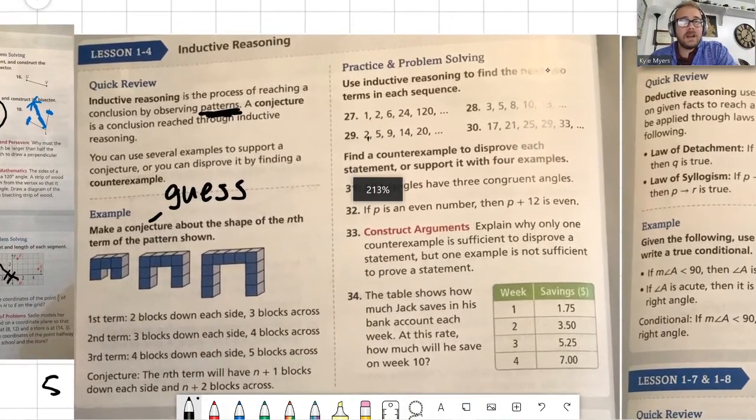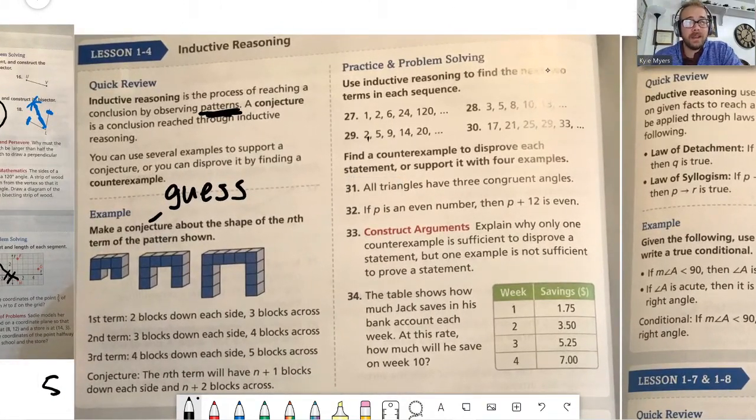And that's actually not true, right? A cat could have 3 legs. They're normally not born with 3 legs. I guess it could have been born with 3 legs if it had a deformity or something. But normally if a cat has 3 legs, it's because it lost a limb through a cat fight or something. But anyways, counterexample, a go against example, an example to disprove, or support it with how many?